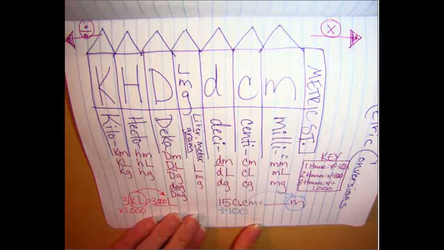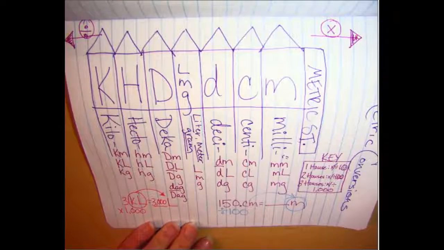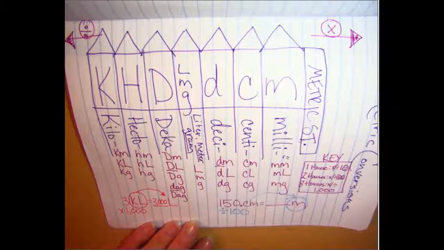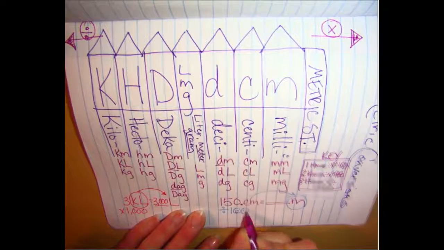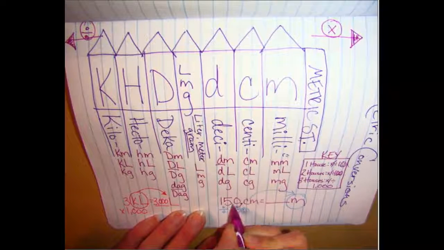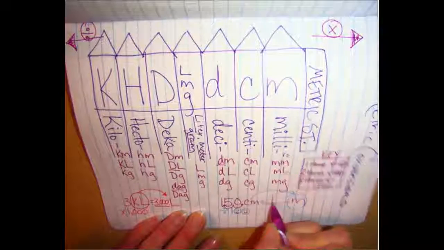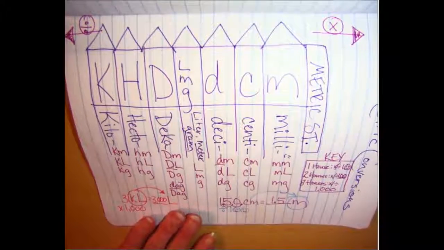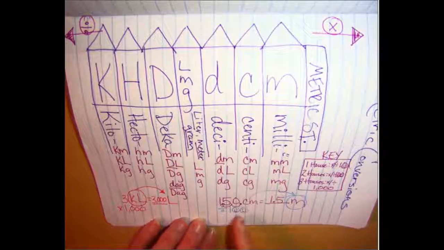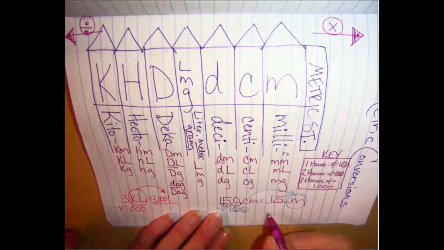Who remembers? There was something we did. We did bunny hops. How many bunny hops would I make for this one? 2. Hop, hop. I have 1 and 5/10. Get it, guys? Yes.